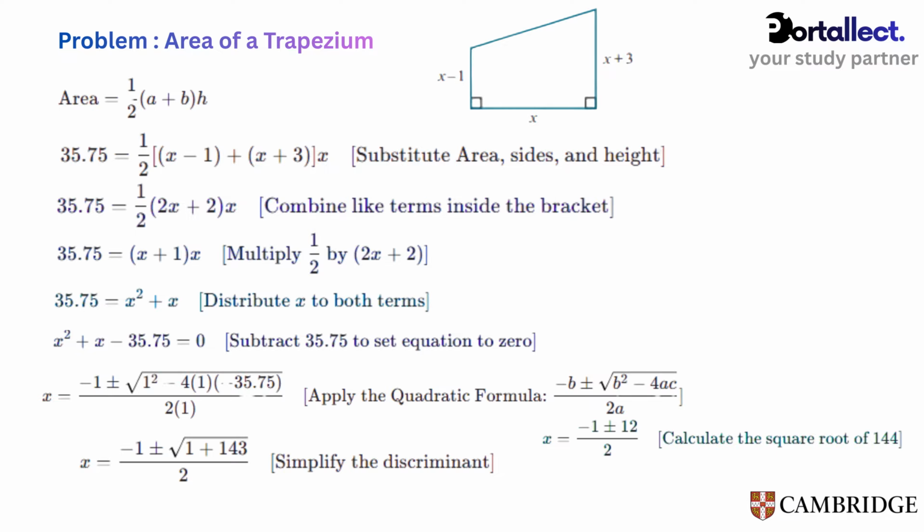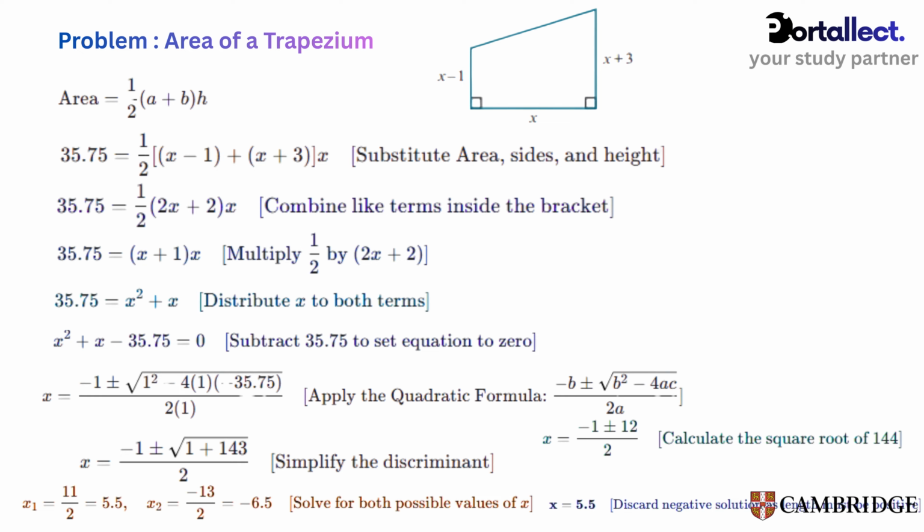The square root of 144 is 12. This leaves us with two possible values for x, 5.5 or -6.5. Since the height and length of a shape cannot be negative, we ignore the negative result. Therefore, the value of x is 5.5.